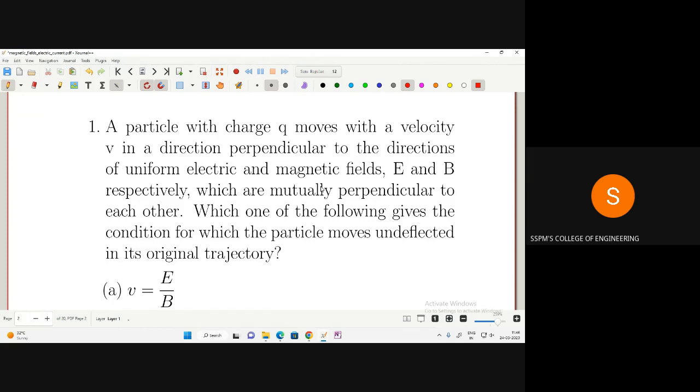When a charge is placed in the magnetic induction, then a force is exerted on that charge, and that force is the magnetic force.